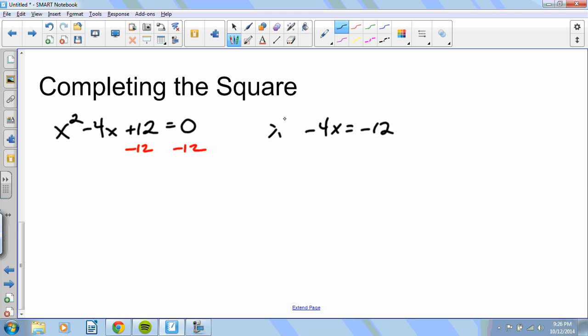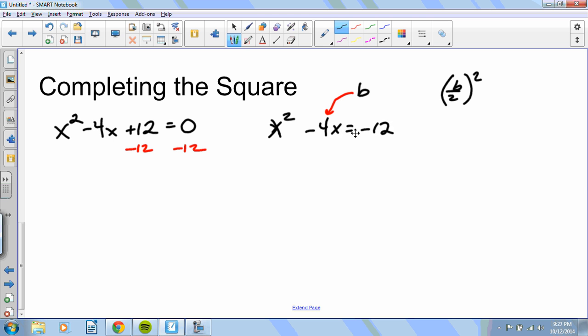The first thing we need to look at is our first term, x squared. x squared must have a leading coefficient of 1. If not, we need to divide everything out to get there. And so to create a perfect square, this is my b term, this is b right here. So what I'm going to do is b divided by 2 and then square it.